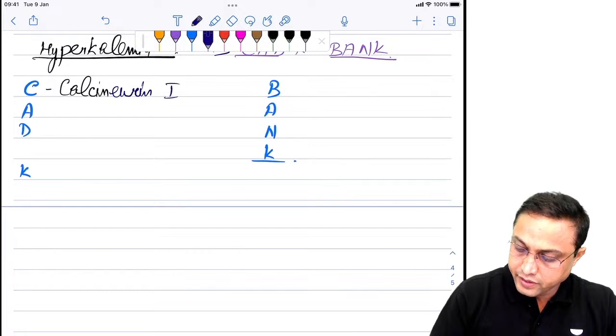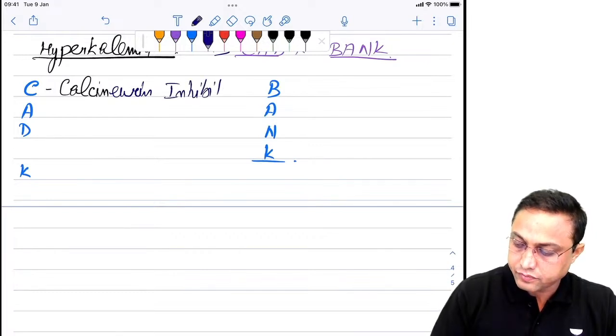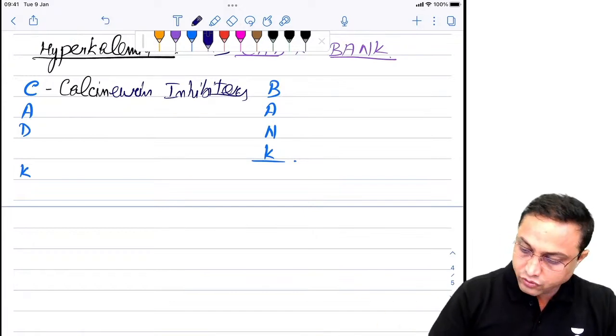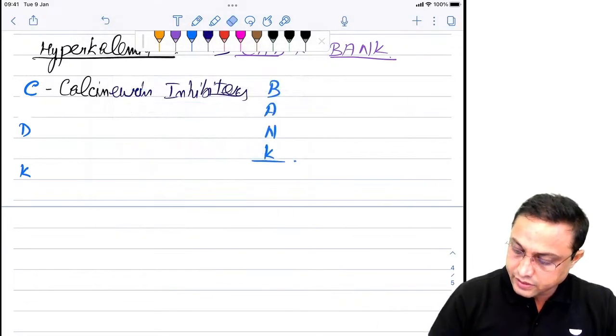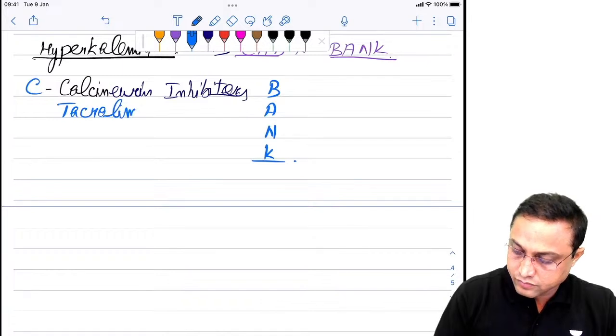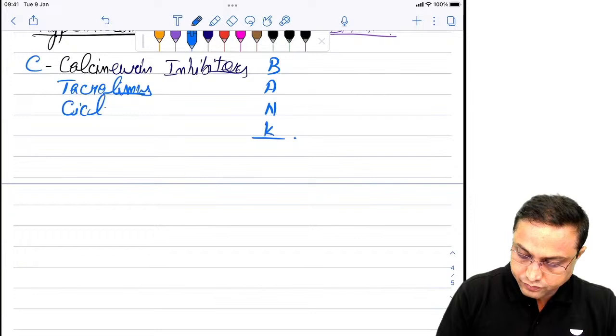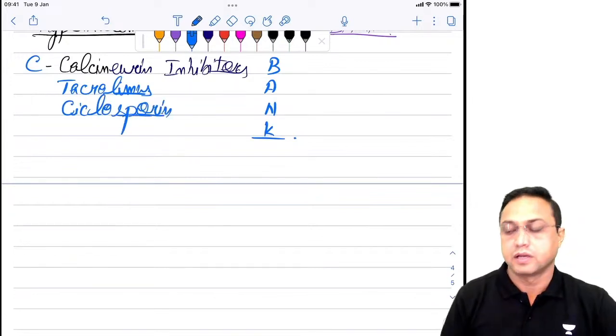Calcineurin inhibitors, first of all, yes, tacrolimus, right? Like tacrolimus, cyclosporin. These are the two common drugs, right?